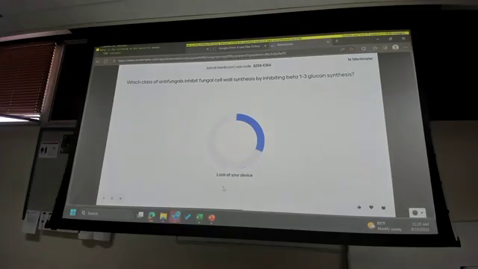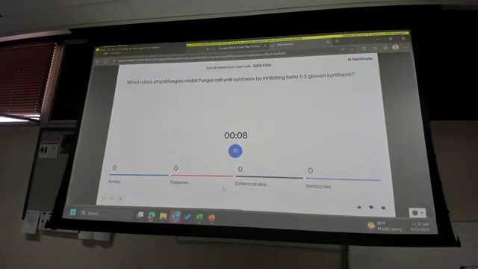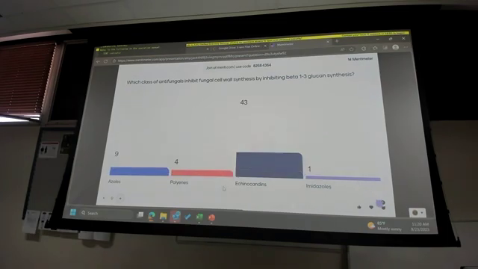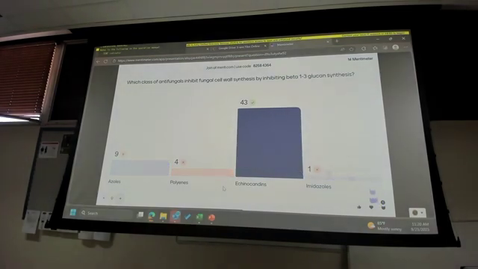What class of antifungals inhibit fungal cell wall synthesis by inhibiting beta-1,3 glucan? Azoles, cholines, echinocandins, imidazole. Hey, I love it. Okay, can someone tell me a type of echinocandin?